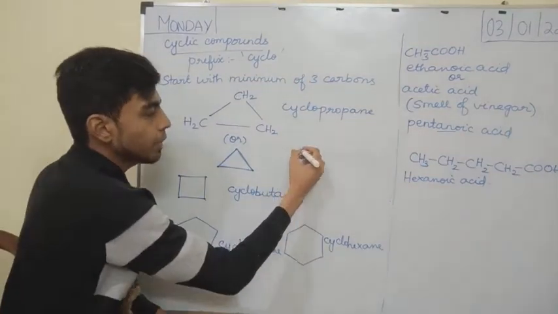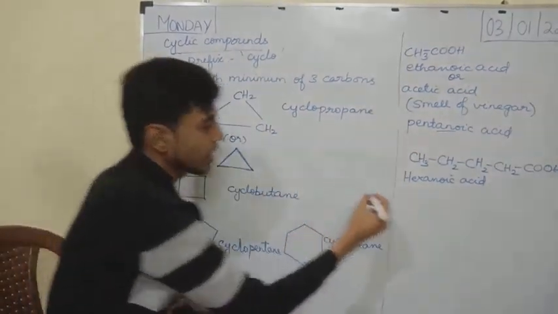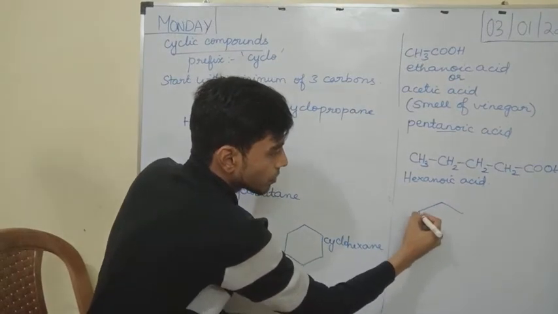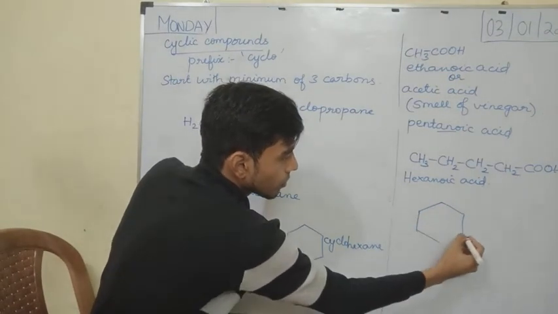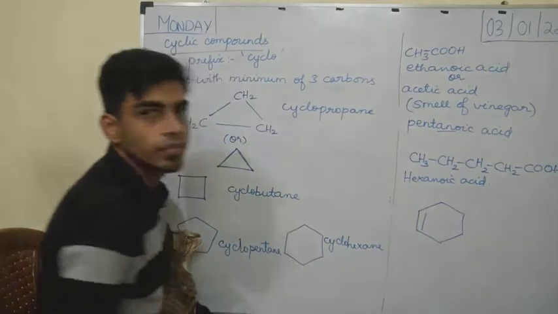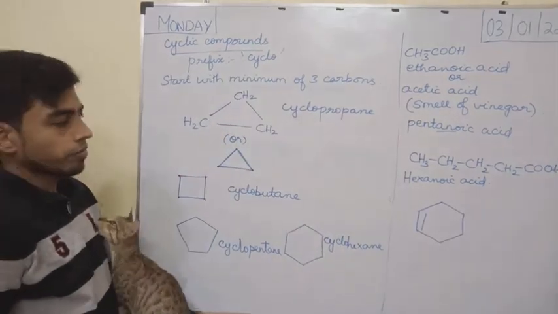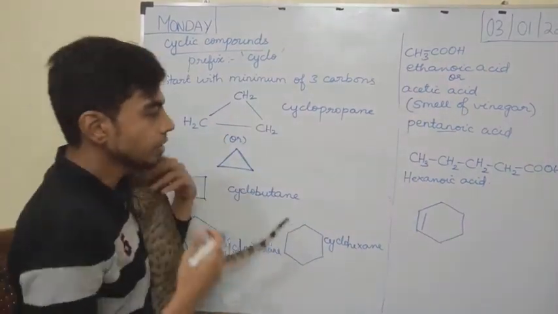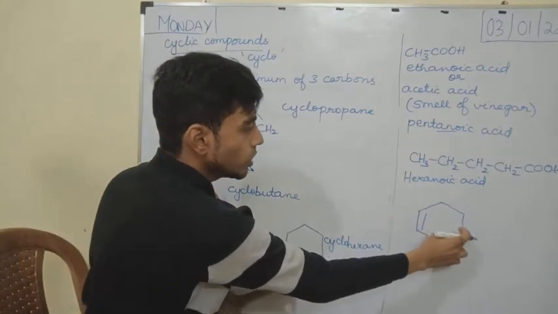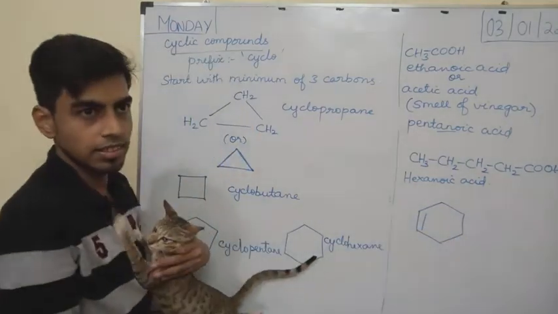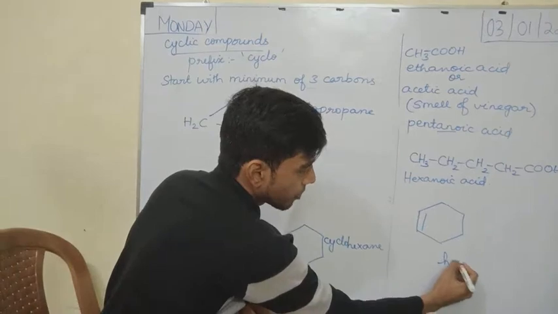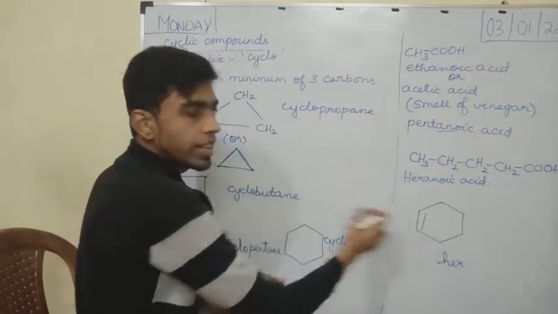Now what will be the name of this one? So 1, 2, 3, 4, 5, 6. So hex. But one bond is a double bond.